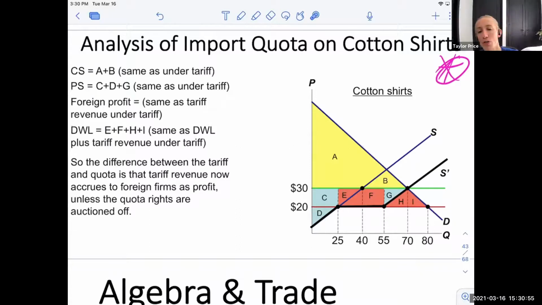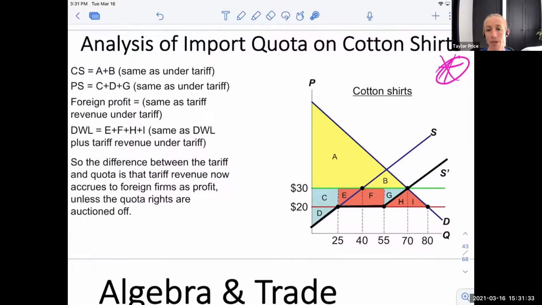Yeah, so remember in the tariff example that there was a $10 tax, so the difference between 20 and 30, that was the $10 tariff. But in this example, there's no tariff. The government is just saying you can only import 30 units of the good. So the world price is $20, but because of the quota, the domestic price is now actually $30.